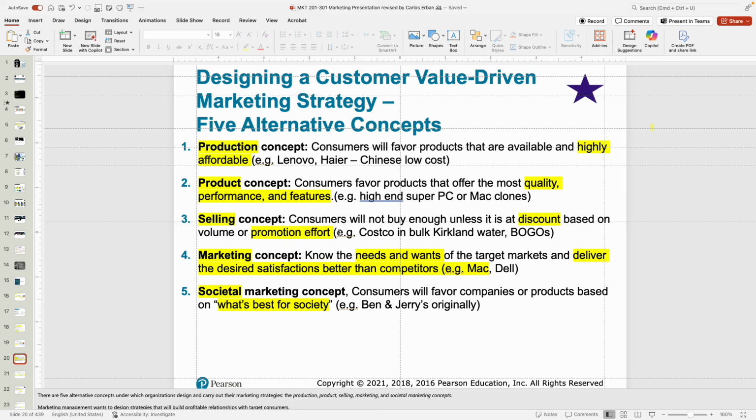So we have this issue going on right now. I don't know if you read in the newspapers about Ben and Jerry's. Originally, Ben and Jerry's, when it was founded in Vermont, was basically about what's best for society, what's best for local farmers. It wasn't really much focused on profit at all. And Unilever acquired them, and the condition was that the founders could manage it the same way they've always managed it.